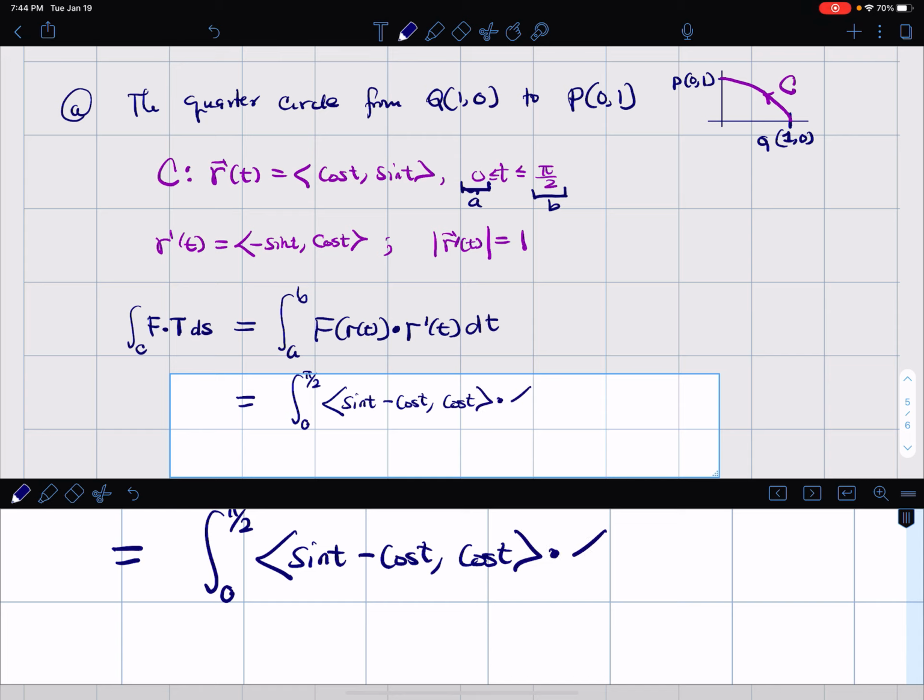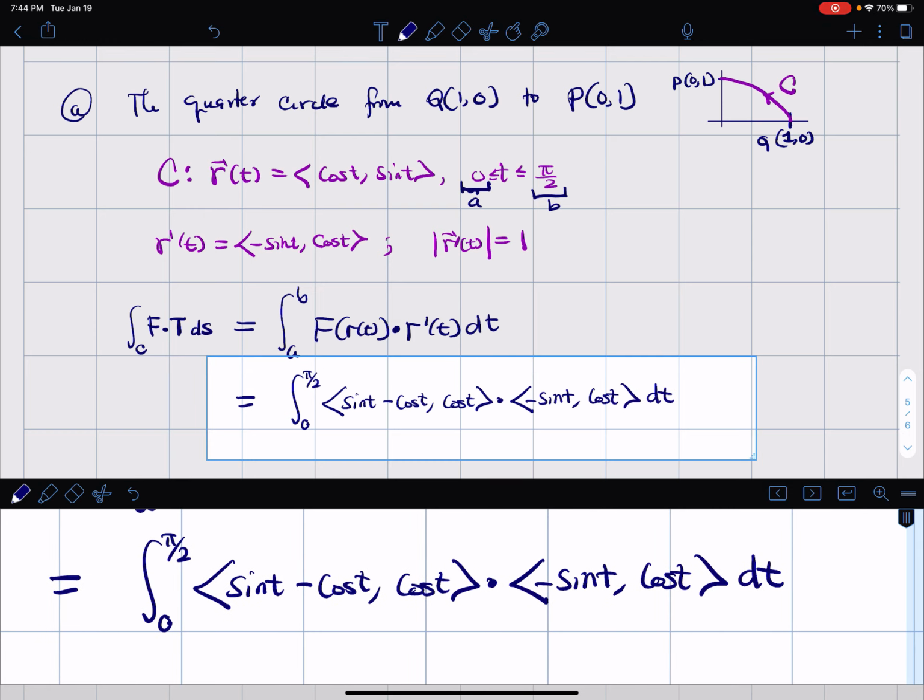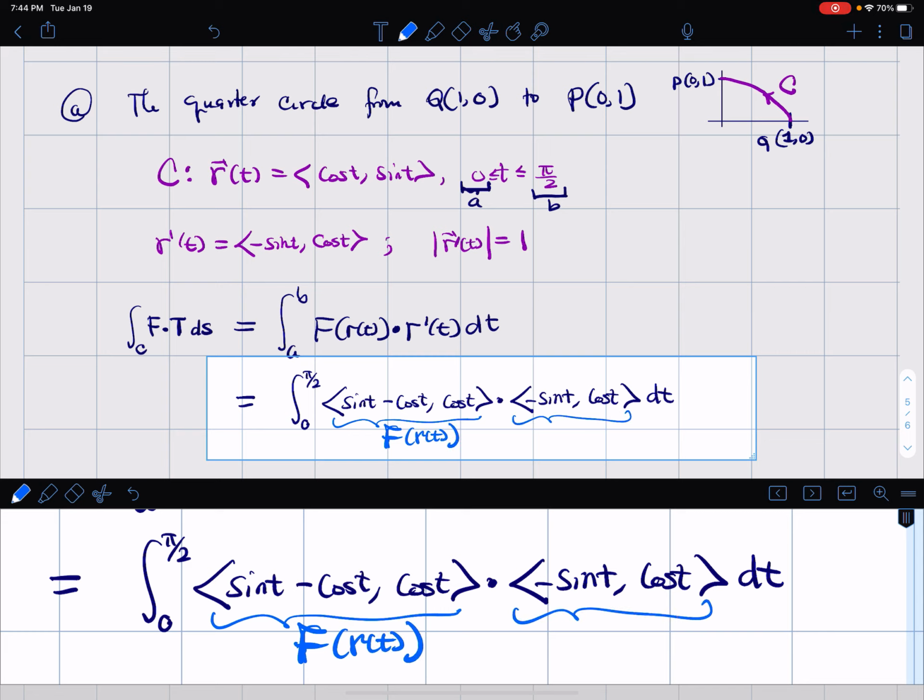And then we'll find the dot product with negative sine t and cosine t, and then we have our dt. So this is f of r of t, and this is r prime of t.